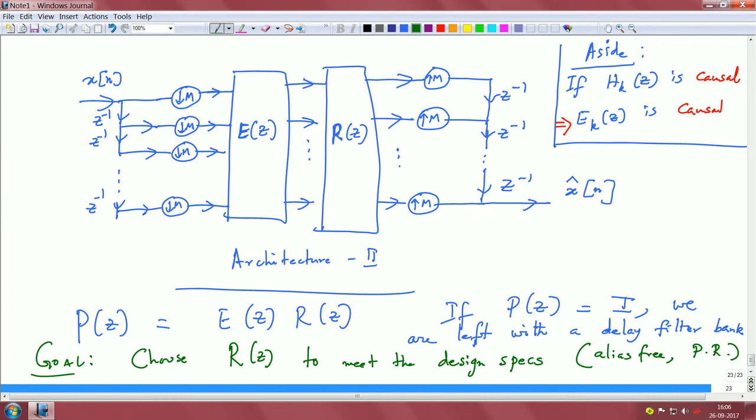So, this is very elegant, it is symmetric, because you have 2 chains of delay elements on either side, followed by upsamplers and downsamplers on this side, and then the bank of filters. So, there is a lot of symmetry in architecture 2. So, therefore, this is useful for our analysis as well.